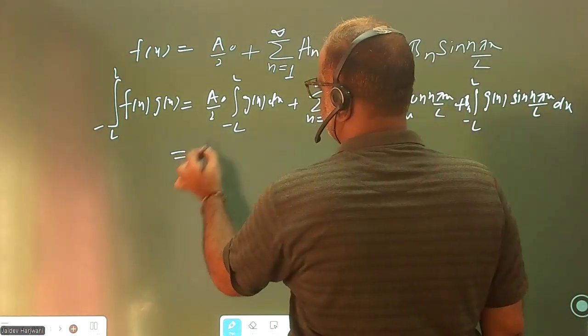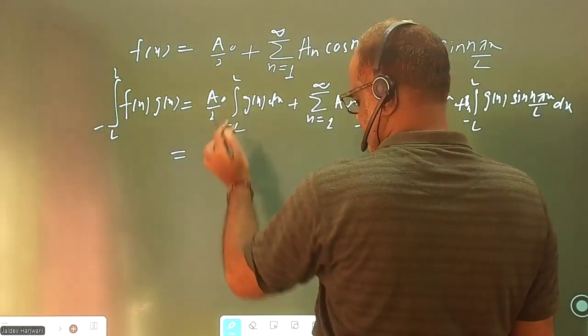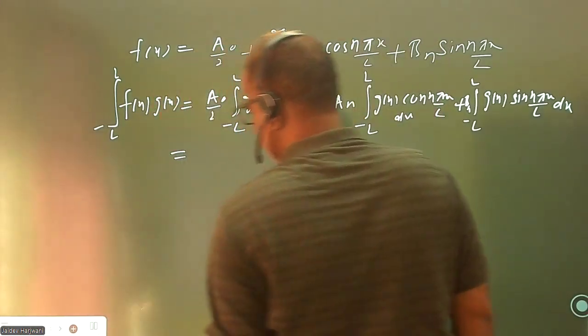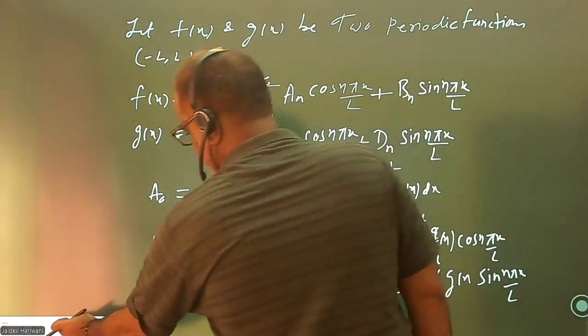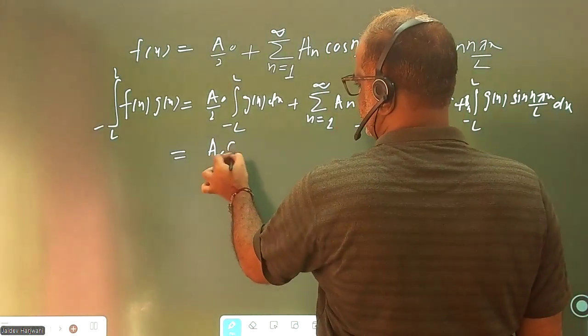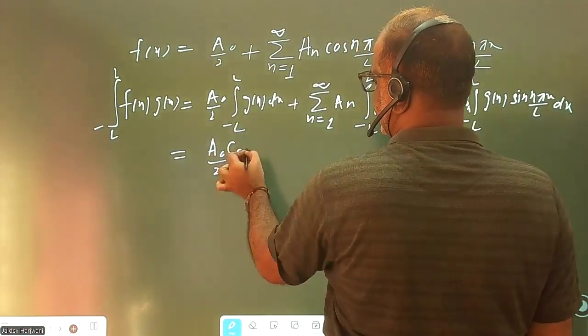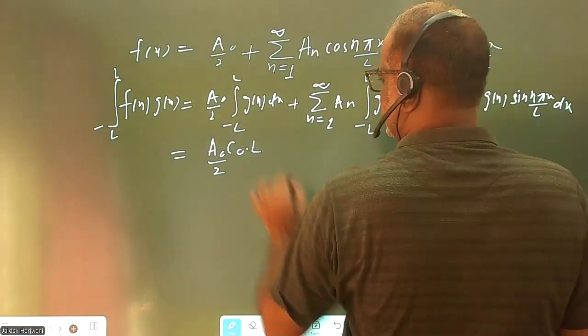Now we know this. What is this one? This is your c0. Just now we have seen that c0 is 1 upon L integral from minus L to L of g(x) dx. So this is a0 c0 by 2, and the integral is c0 times L, because 1 by L is c0.